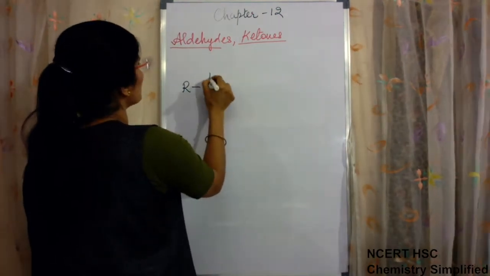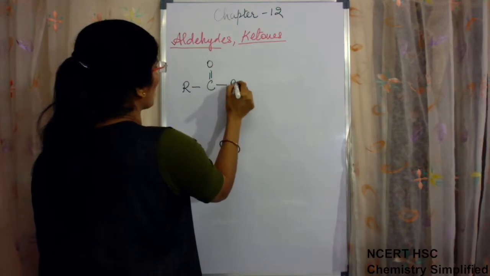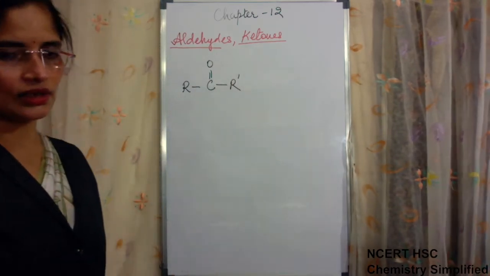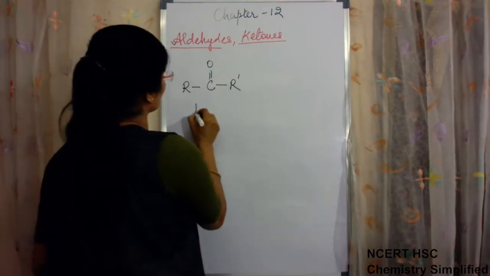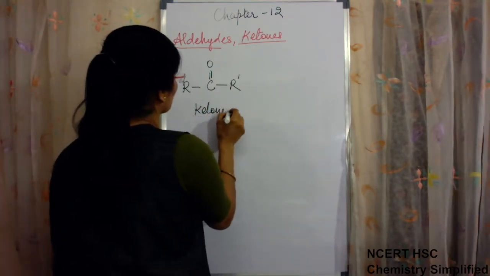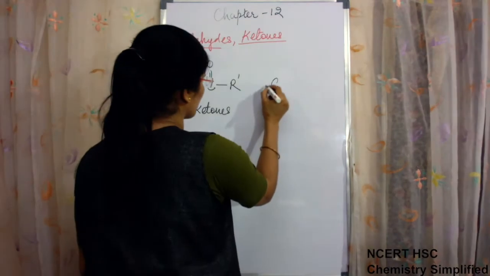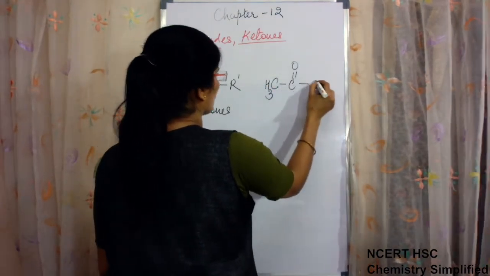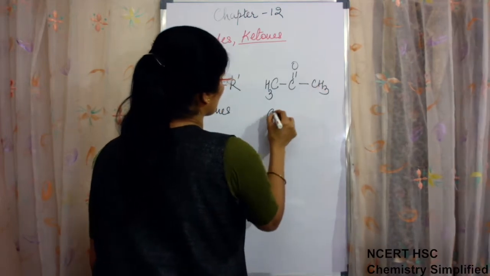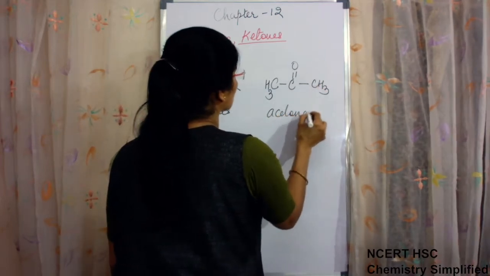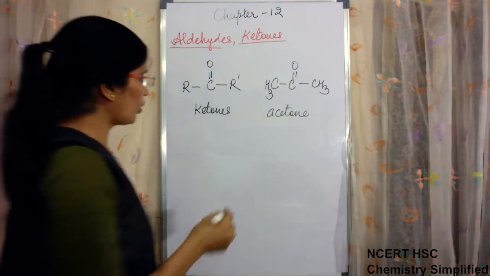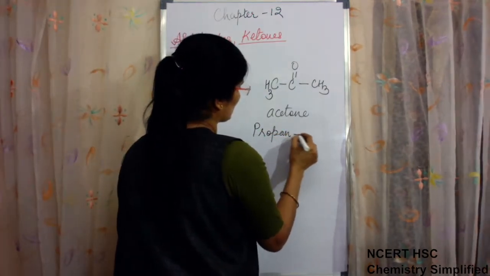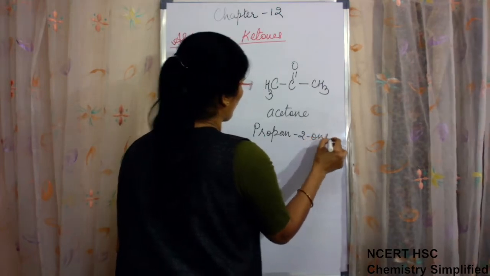R, C double bond O, R, or we can use R dash. These are ketones. The simplest ketone, the first ketone, is CH3, C double bond O, CH3, that is acetone. Okay, or in IUPAC, propan-2-one.